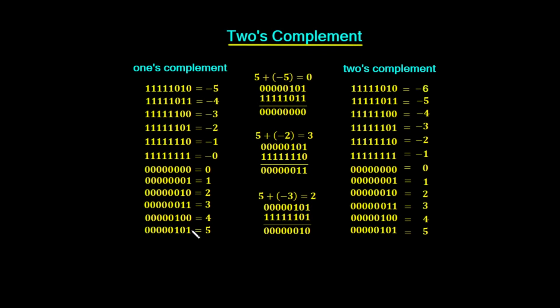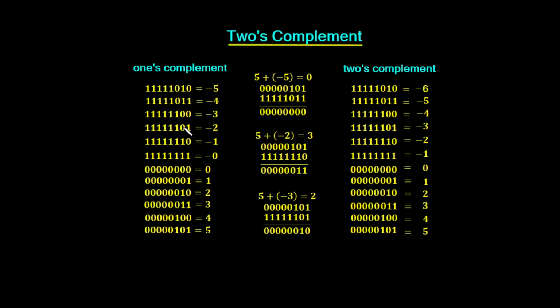Now down this column here, I've written the 1's complement representation from -5 up to 5. We said that in order to get the 2's complement, what we have to do is add 1 onto these. So look at one for example: -2 ends in 0, 1.